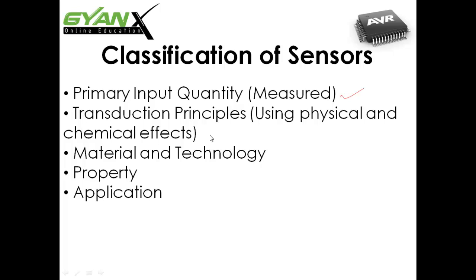These are physical conditions, and for water sensor, chemical sensor, acid sensor, they are chemical. Then material and technology, what kind of material and technology we are using. Then property and application. In this way we can classify sensors on five conditions.